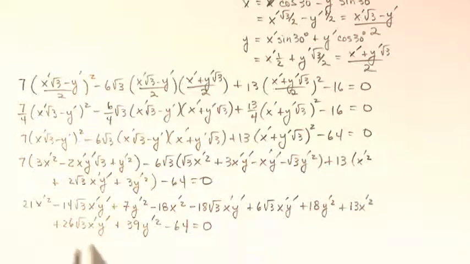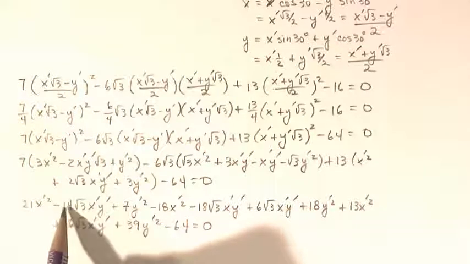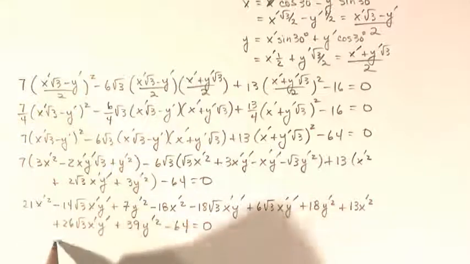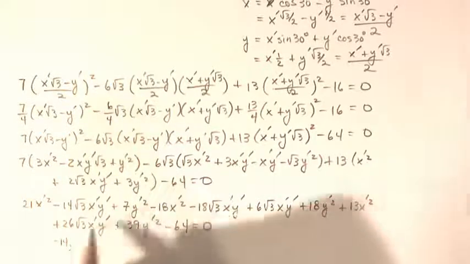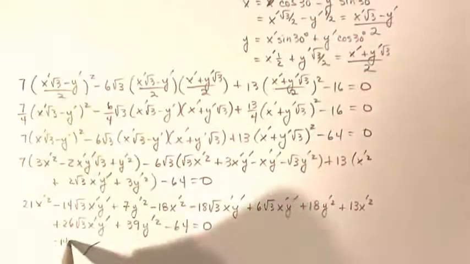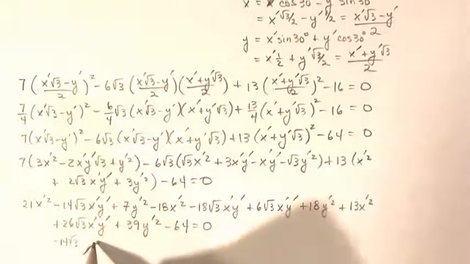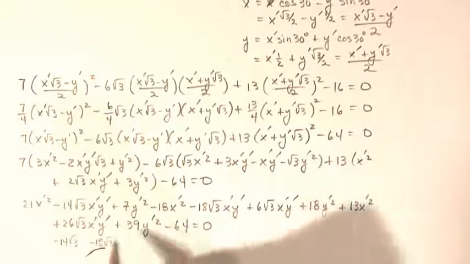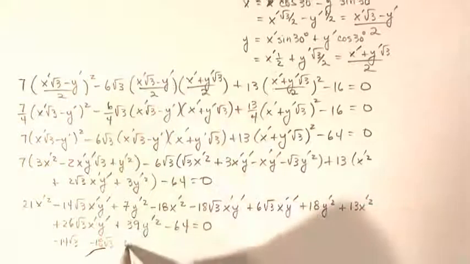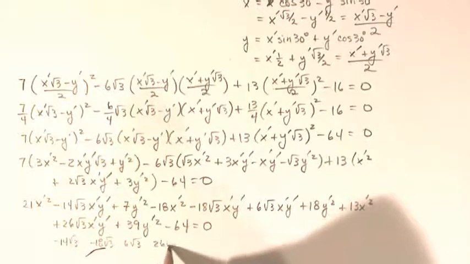Looking good. Now collect our like terms. Every term that has x primed and y primed, there's a minus 14 root 3, a minus 18 root 3, there's a 6 root 3, and there's a 26 root 3.